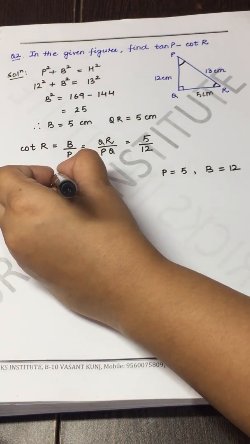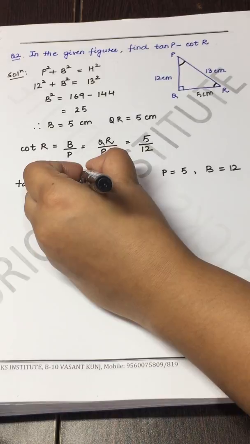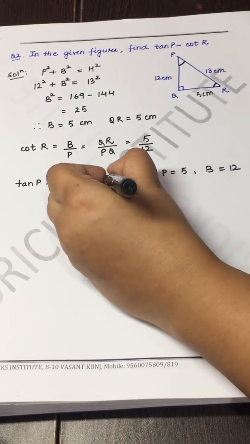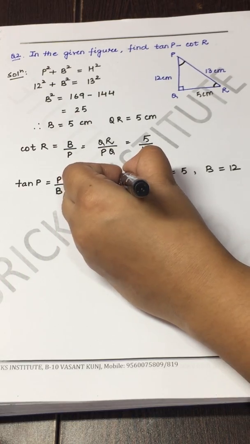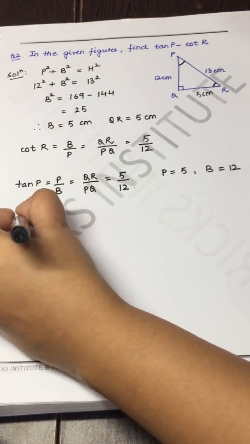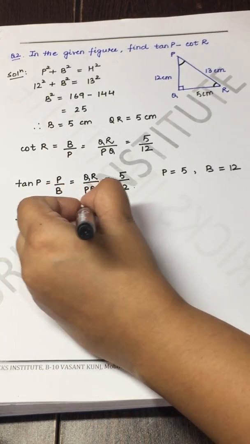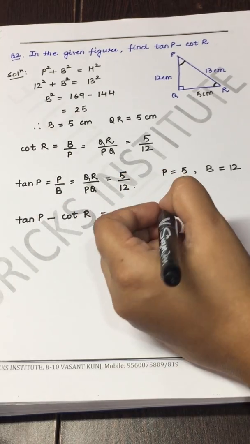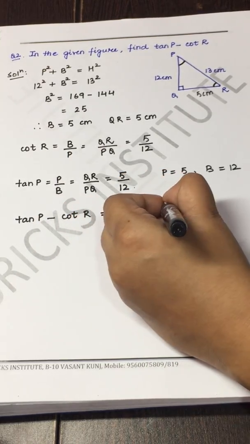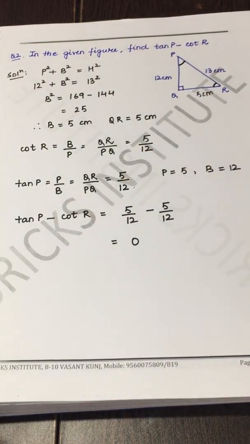Tan P is perpendicular upon base, perpendicular is QR, base is PQ, so that will give me 5 upon 12. They have asked you to calculate tan P minus cot R. Let's substitute the values. So 5 upon 12 minus 5 upon 12, the answer is 0.